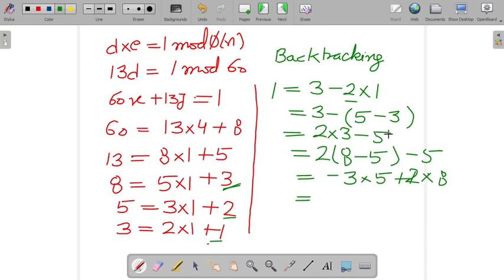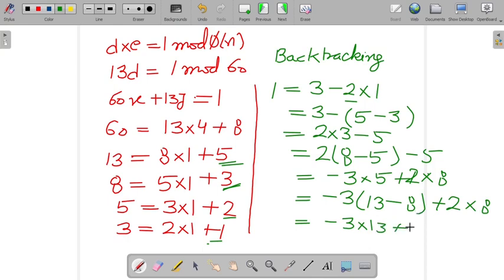How can you write down the 5? 5 you can write in the backtracking as 13 minus 8, so it becomes minus 3 multiplied by 13 plus 5 multiplied by 8.